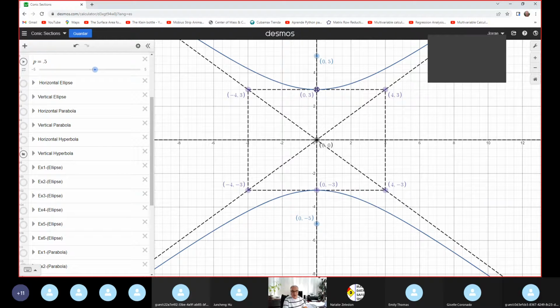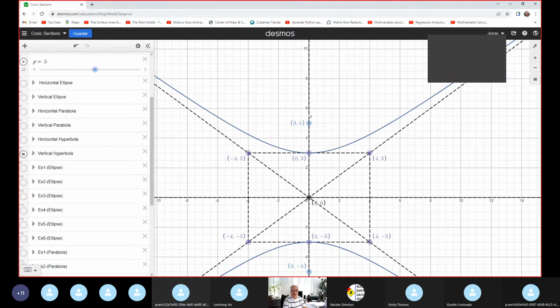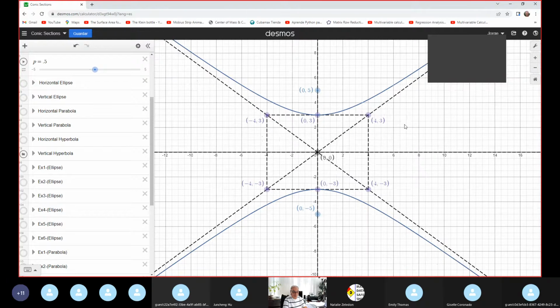Vertices (0, 3) and (0, -3). Foci (0, 5) and (0, -5). And this is the famous corner of the reference rectangle, connected by the line, the two axes. And by the way, the transversal axis lies on the y-axis. This dotted line represents the transversal axis. No problem?